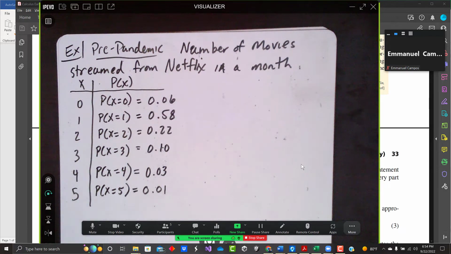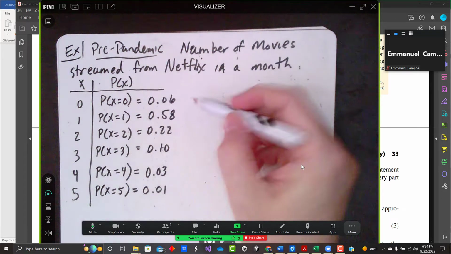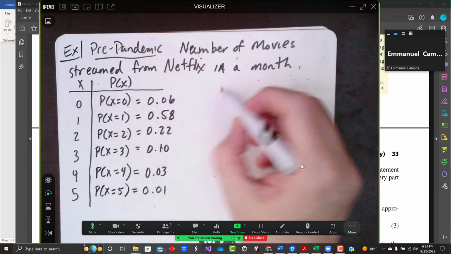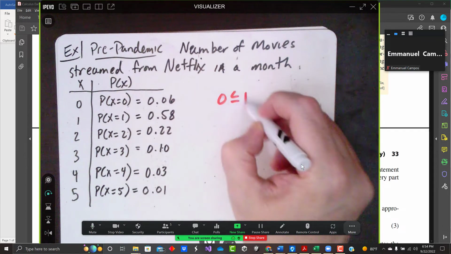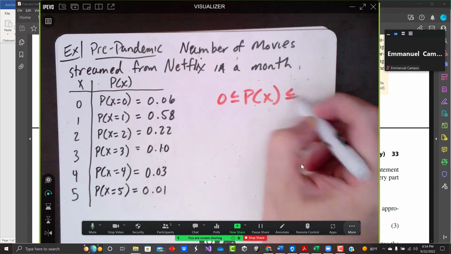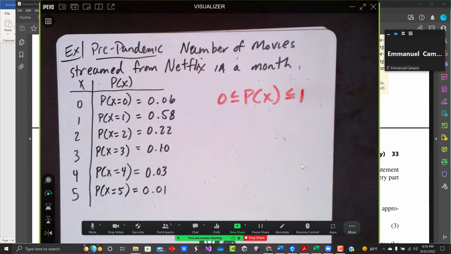Okay, so a couple things to note. Notice that all of these probabilities are positive, and all of them are less than 1. So 0 is less than p of x, which is less than or equal to 1, for any of the x's.